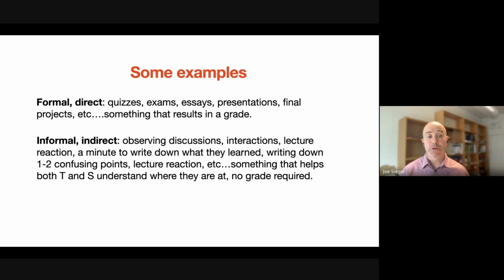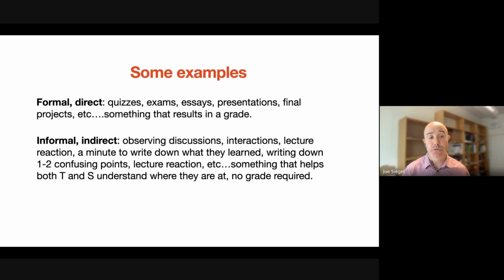More informal, indirect types of assessment can happen when observing discussions, interactions, lecture reactions. Take a minute or two to write down what they've learned from a certain teaching session.